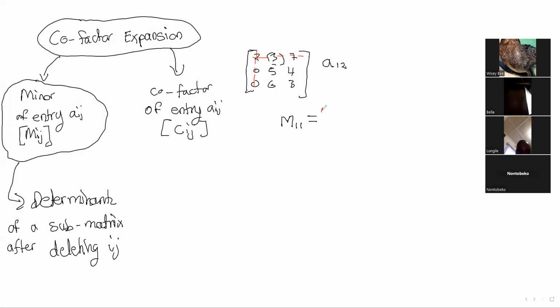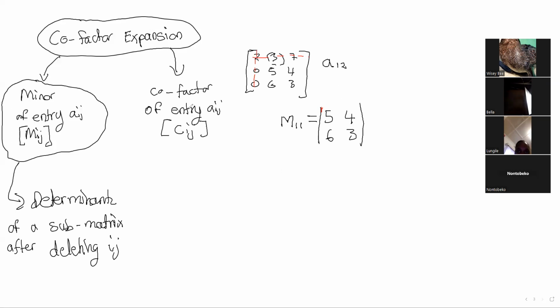Remember, determinant is this very straight line. It will be the submatrix, what gets left behind after deleting. So basically it's the determinant of the matrix that remains. We call it a minor.